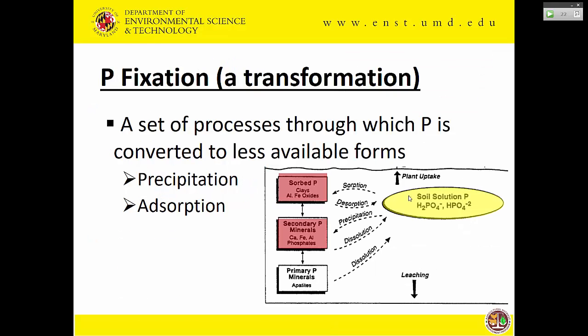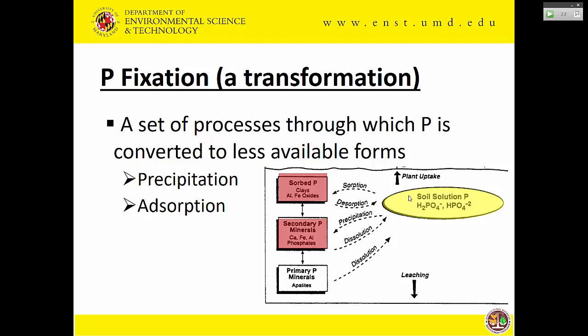This is another process we call fixation, and in this process, the phosphorus is fixed via two processes. One is called adsorption, or another word for that is sorption, which means it's fixed on iron and aluminum oxides, just on the surfaces. And another is called precipitation. So again, the difference in these two is that it's gone from the soil solution.